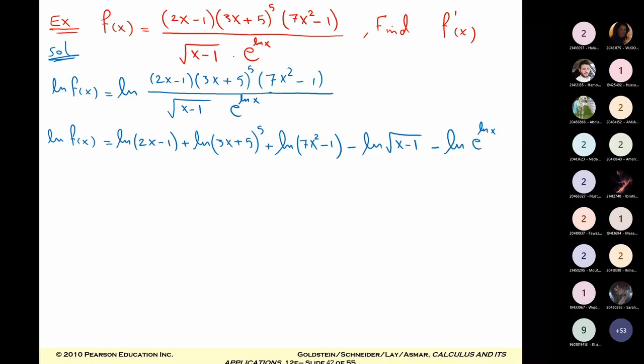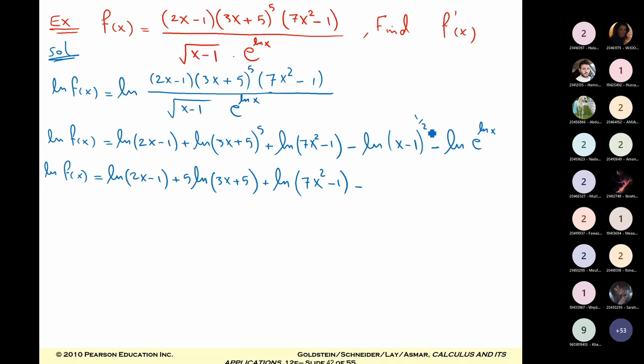Okay, now ln f of x equals ln (2x minus 1) plus 5 ln (3x plus 5) plus ln (7x squared minus 1) minus, this is equal to what? This is all to the power half. So half ln (x minus 1). Remove ln with e, so we have minus ln x.